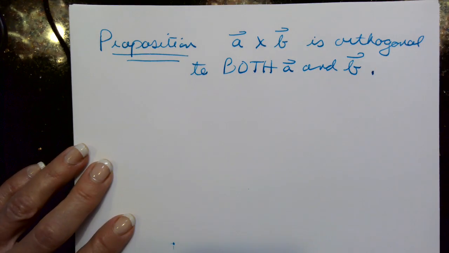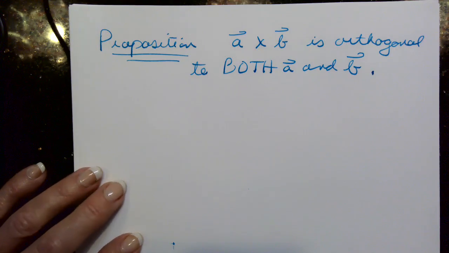Remember, cross product of two vectors gives you back a vector, and that vector, as we're going to show right now, is orthogonal to both A and B.